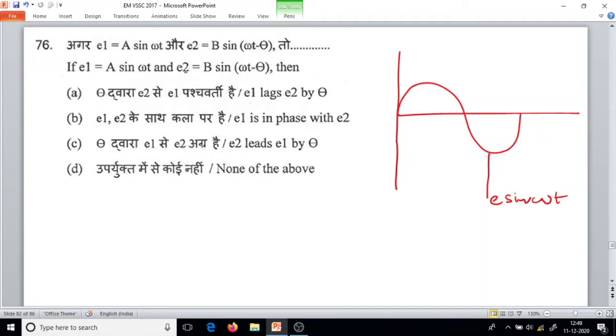And one more waveform we have given, that is E2 equal to B sin omega t minus theta. After some time, there is a lag compared to the first wave. E2 is lagging. After some time it starts.